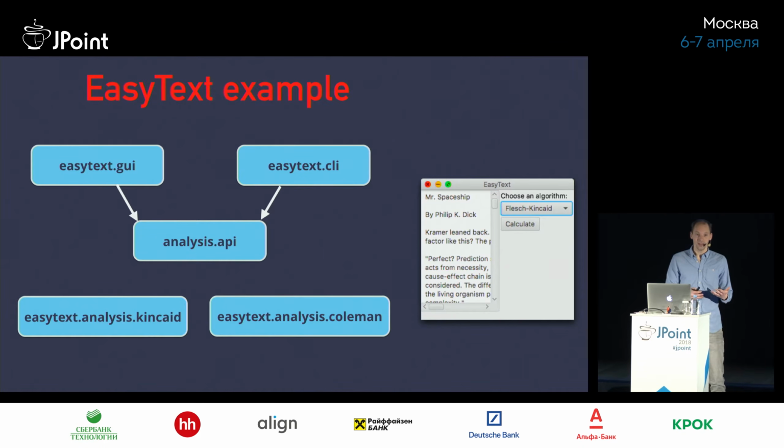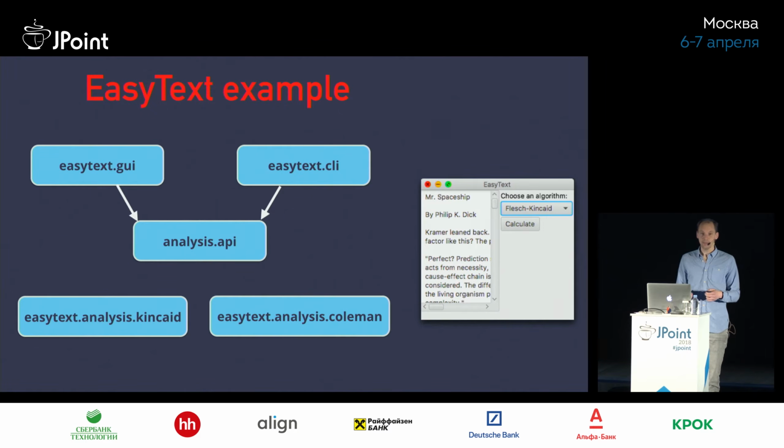Now, the idea is that ultimately we want to have multiple of these complexity metrics available. For example, in the GUI, you can just select one in a dropdown. And of course, we can build this, and we can separate the analysis logic into modules, like you see on the bottom here, the EasyText Analysis Kincaid and EasyText Analysis Coleman. These are two complexity metrics that are living in their own modules.